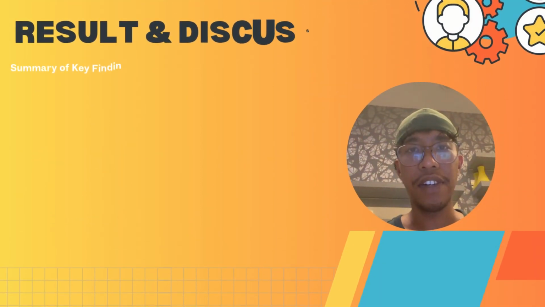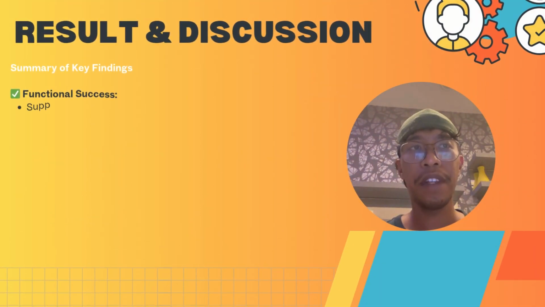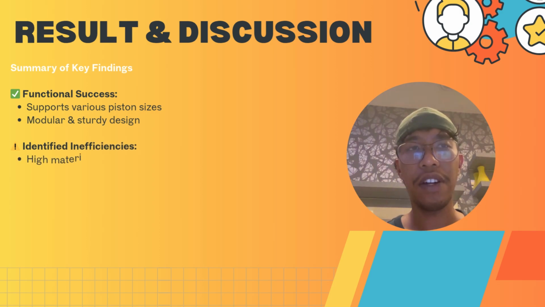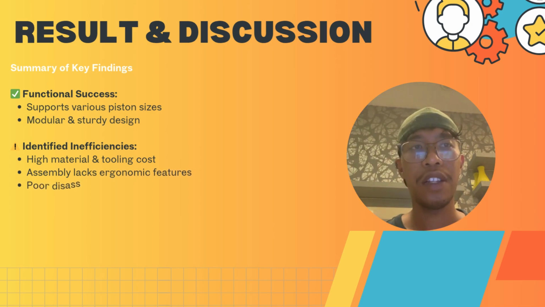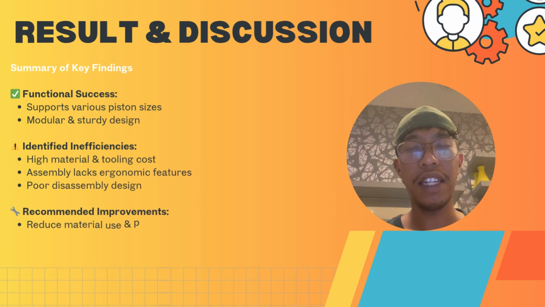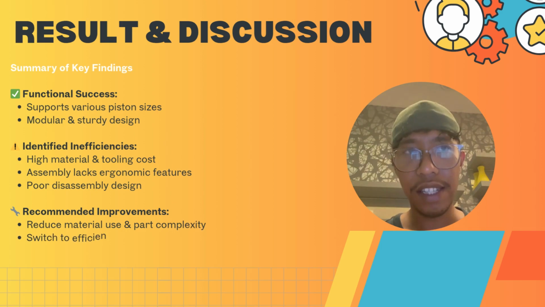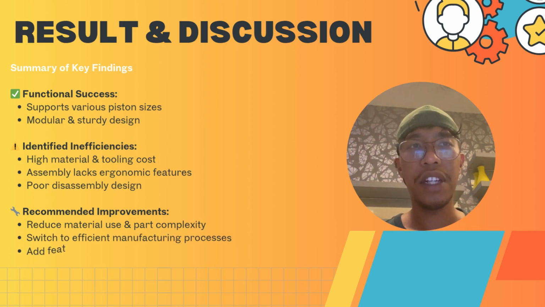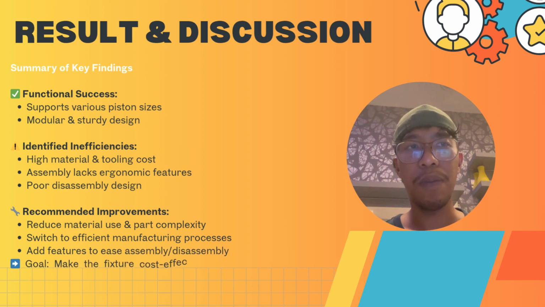Thank you. For the last part of the result and discussion, summary of the key findings. First, functional success: supports various piston sizes, modular and sturdy design. So we have identified the inefficiency: high material and tooling costs, assembly lacks ergonomic features, poor disassembly design.